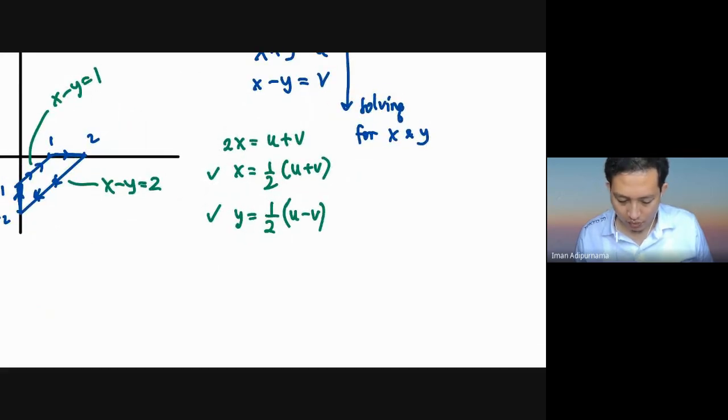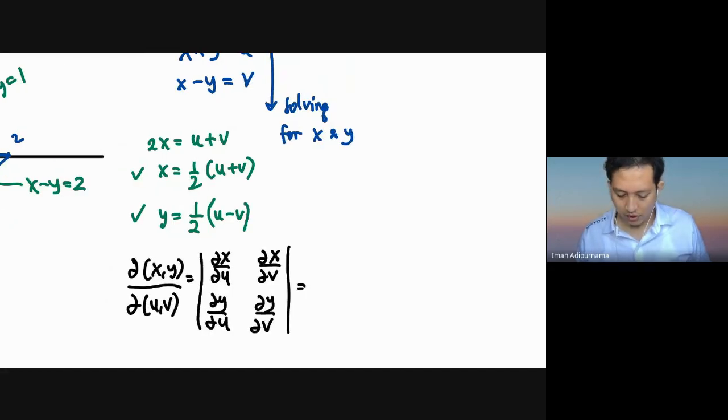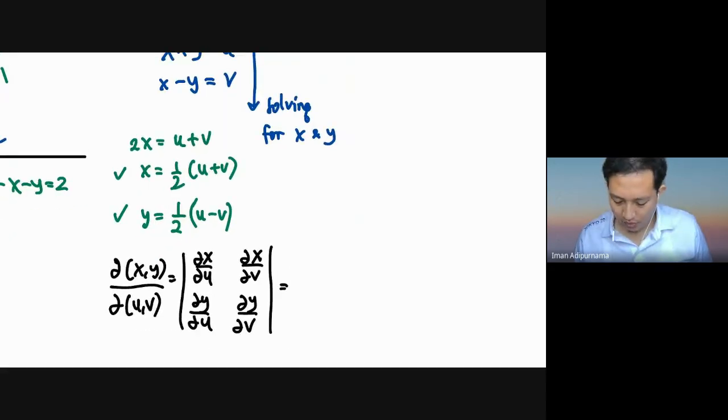we can actually make the Jacobian. And the Jacobian, partial x partial u is just half, all is half, except for the last one is negative half, right?